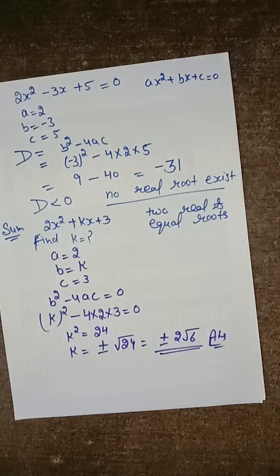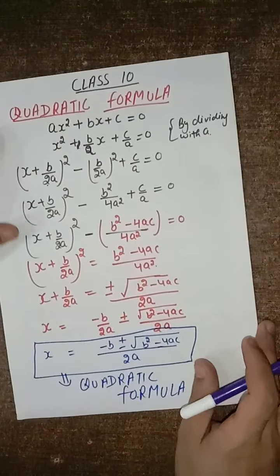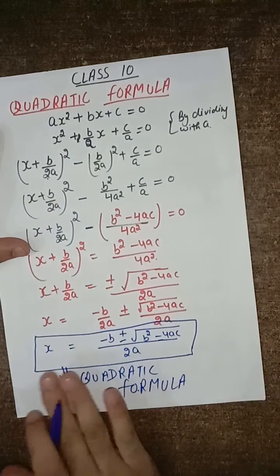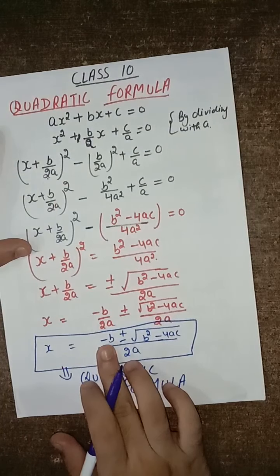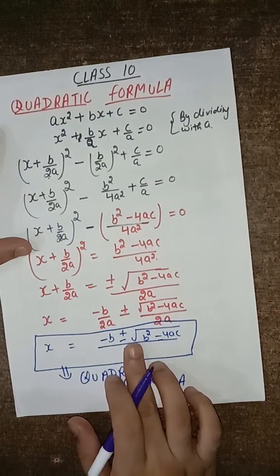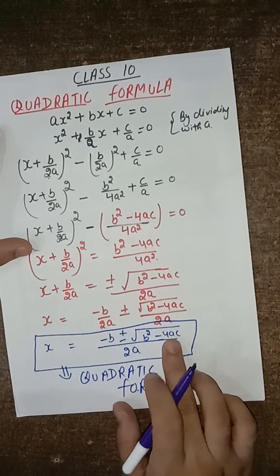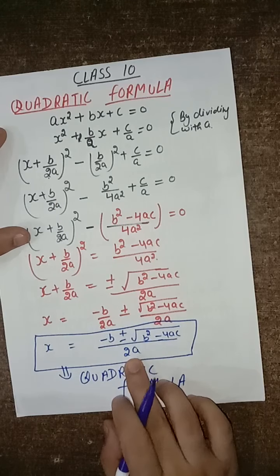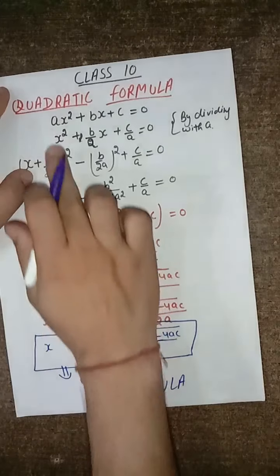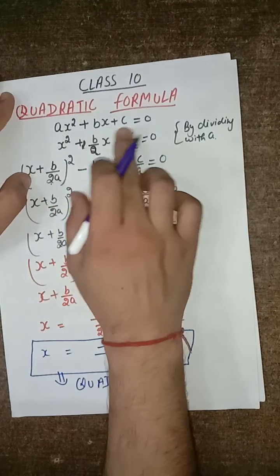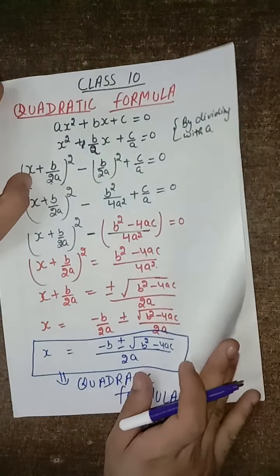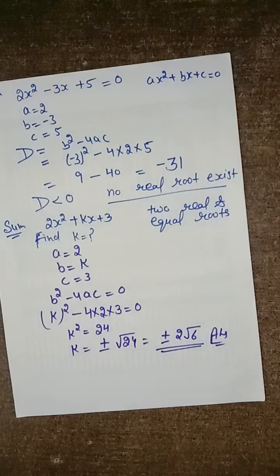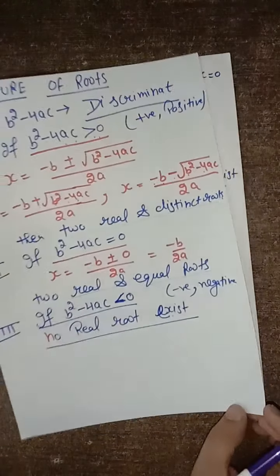So students, today we have discussed the quadratic formula, that is x equals minus b plus minus square root of b square minus 4ac divided by 2a, for my equation ax square plus bx plus c equals 0. And then we have discussed nature of roots.